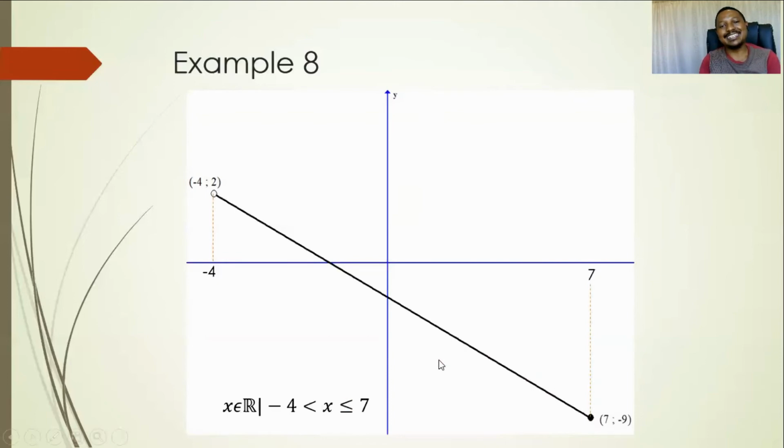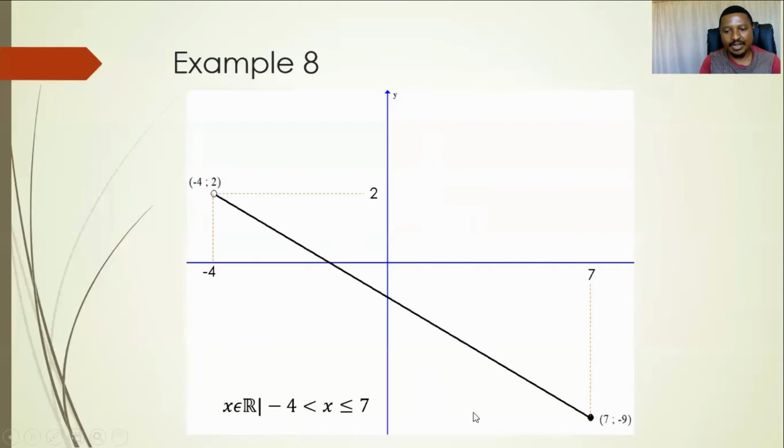Now let's look at the range of this function. For the range, again, we will need this point here, which corresponds to this point. The y coordinate there is 2. Then if we draw a horizontal line there, perpendicular to the y-axis, we can see that that point there will be 2.